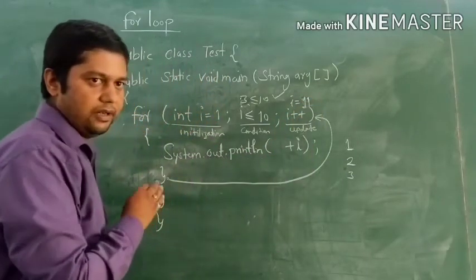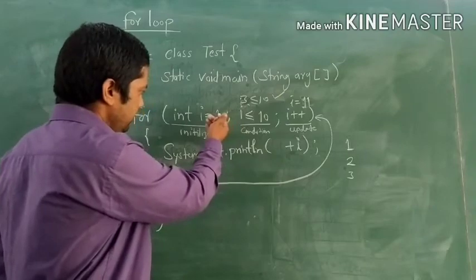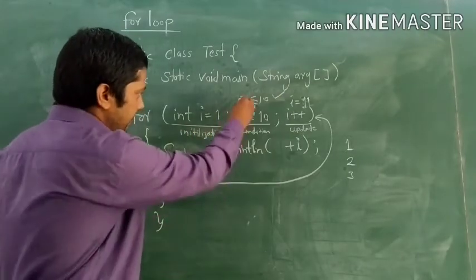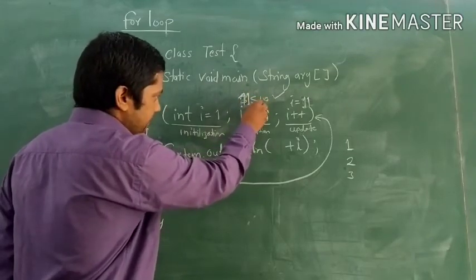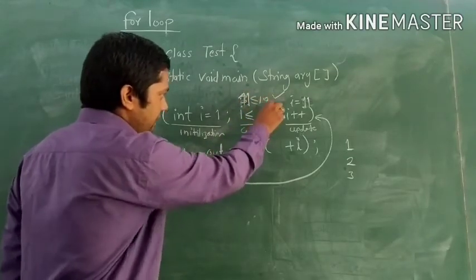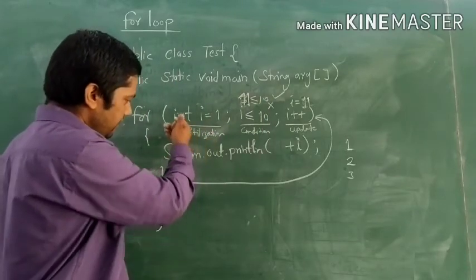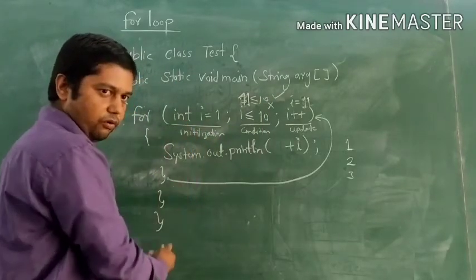When the value of i becomes 11, the condition is false because 11 is not less than or equal to 10. At this time, the compiler will exit from the for loop.